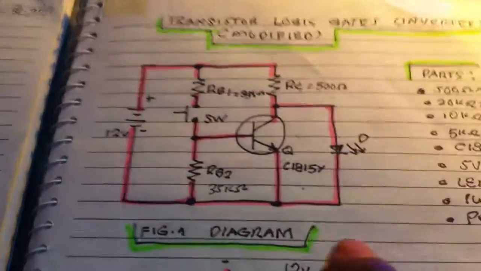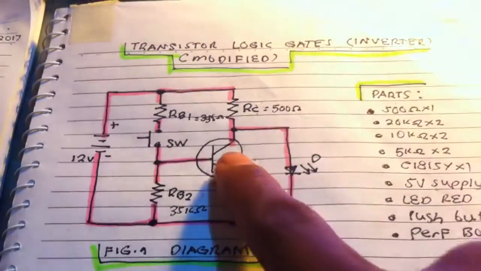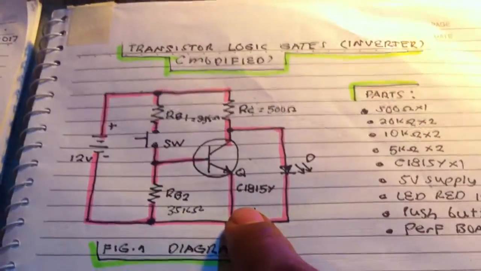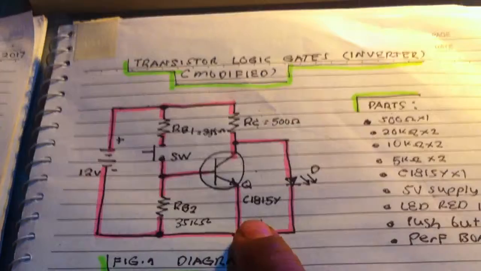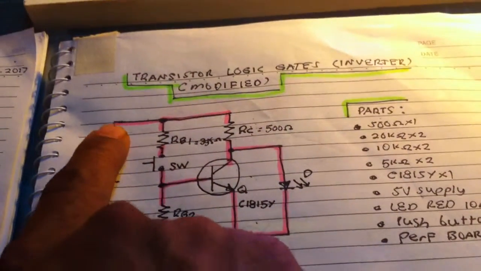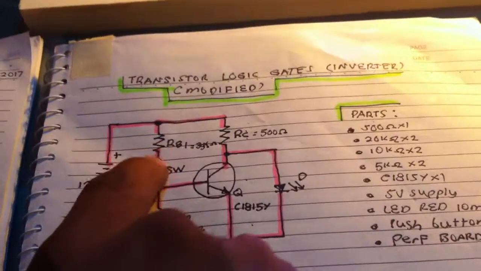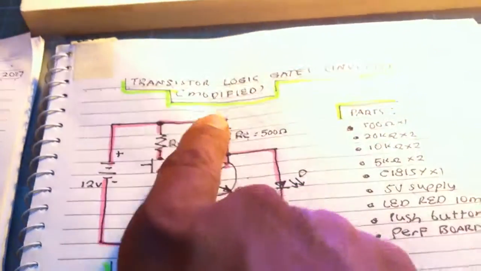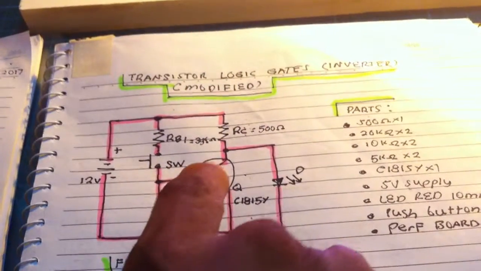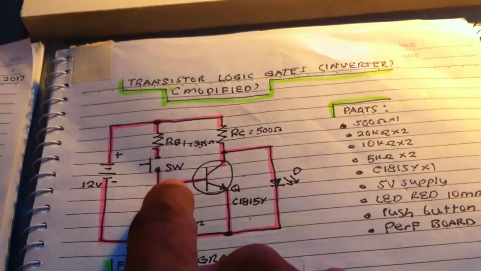In here, the transistor is also a switch. The LED is connected across the collector and the emitter. If you have a closed circuit here, the supply goes here, but stops at the transistor because there's no base current.